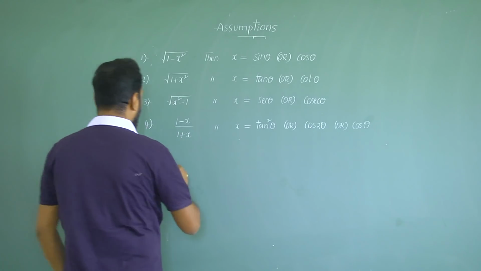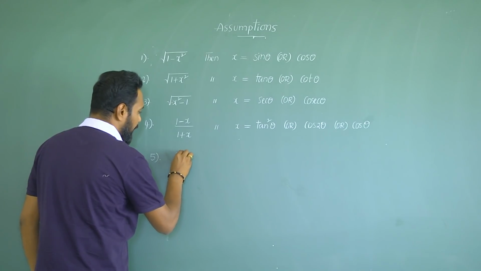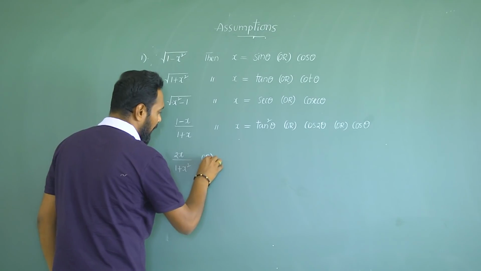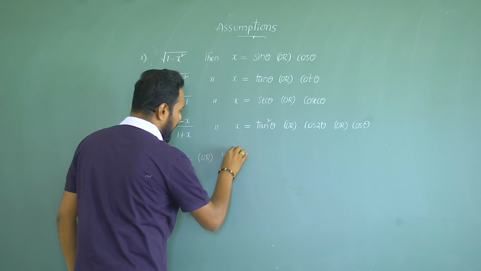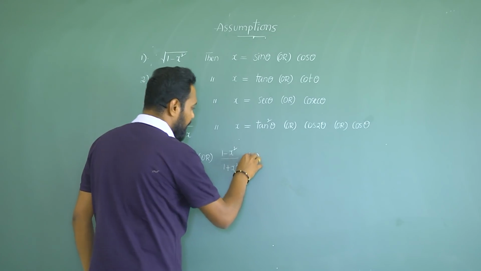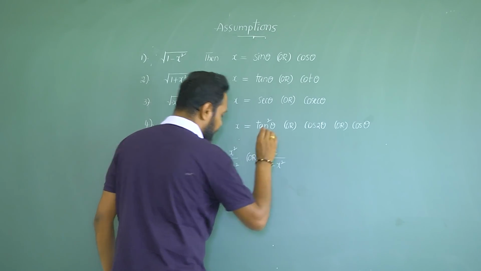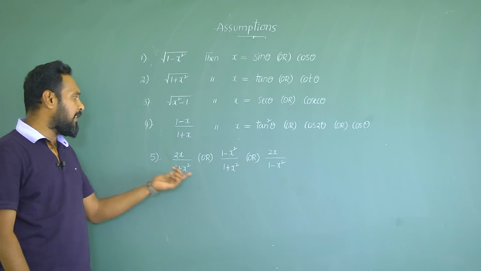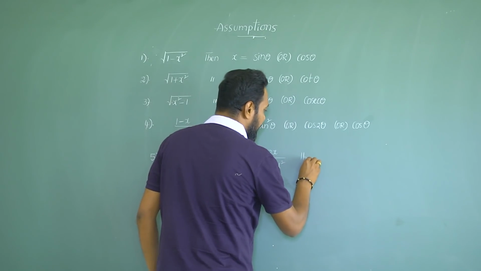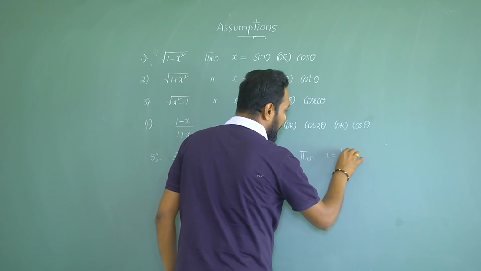Then fifth one, if we have the function 2x by 1 plus x square, or 1 minus x square by 1 plus x square, or 2x by 1 minus x square, so if you have any one function among these three types, then we can assume directly x equals tan theta.